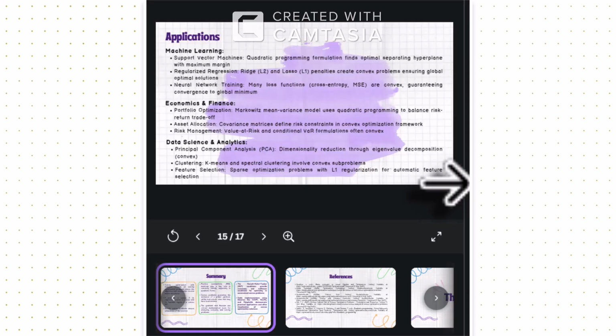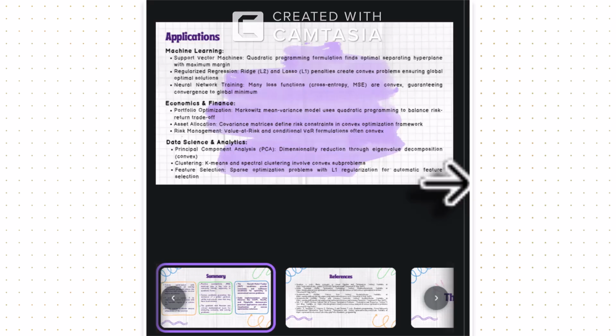So first is in the sector of machine learning. We can see it in SVM, support vector machine. The problem of finding the best separating hyperplane between two classes can be written as a quadratic programming problem. Convexity ensures that the margin found is the largest possible and the solution is globally optimal.